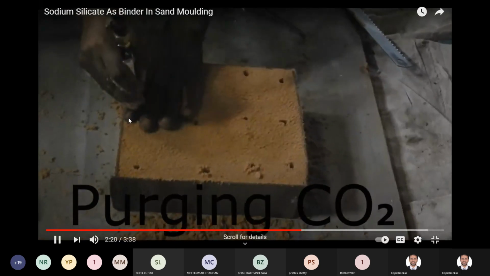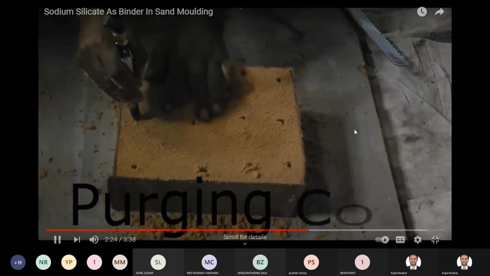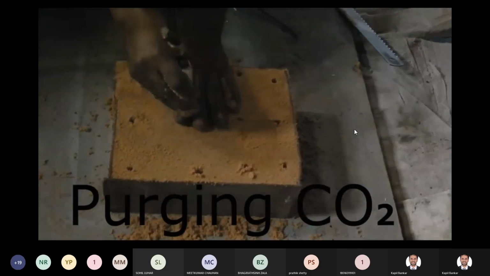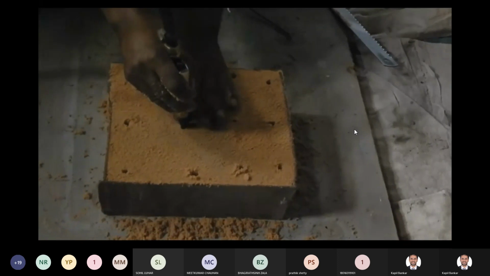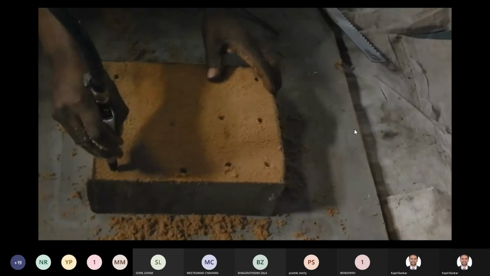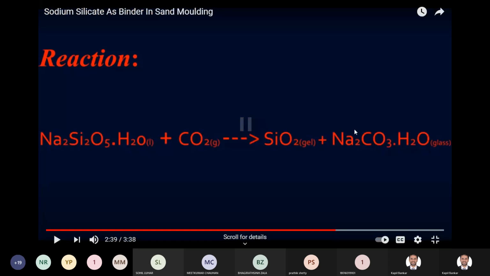From this nozzle, CO2 gas is applied in the mold. In an instant, this mold becomes harder. This is the process in which carbon dioxide gas is applied in the mold, and in a fraction of time, it will harden.